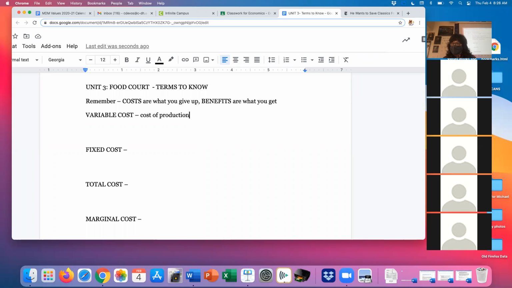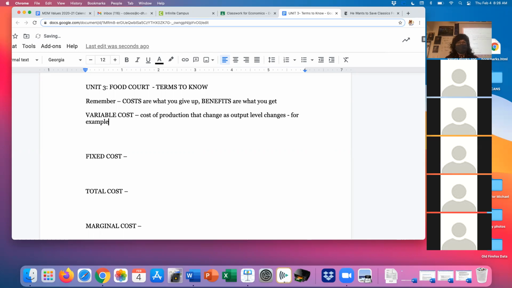Costs of production that change as output level changes, okay? So, for example, wages as you hire more people, okay?